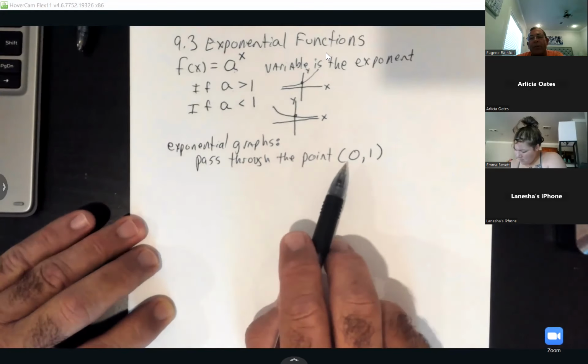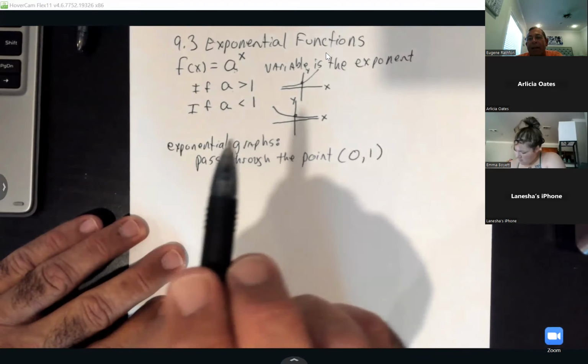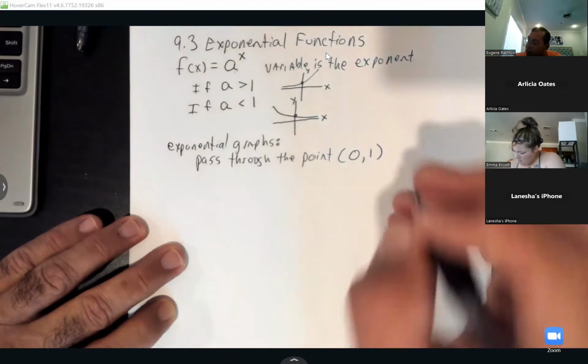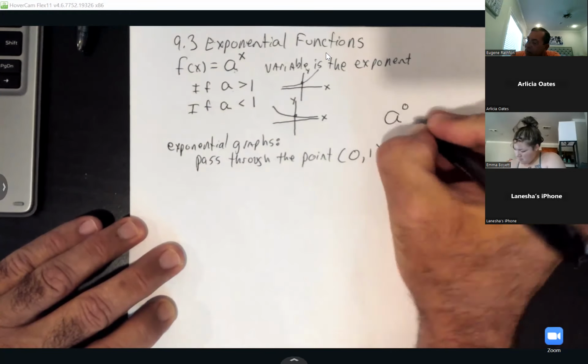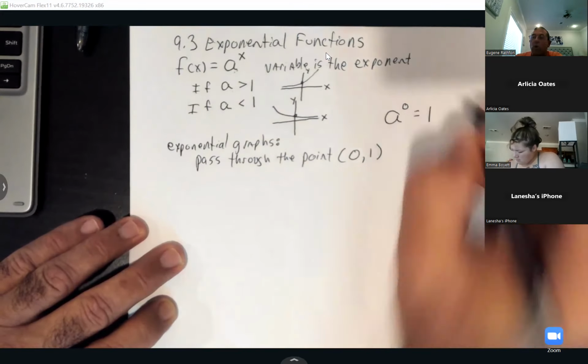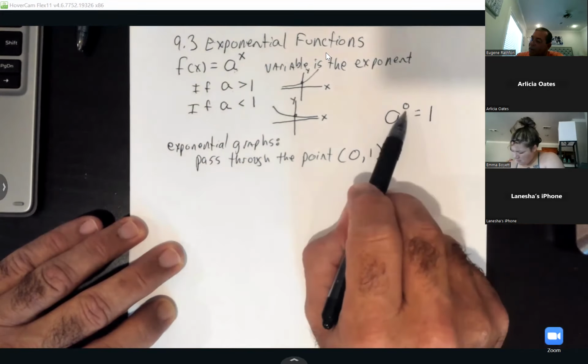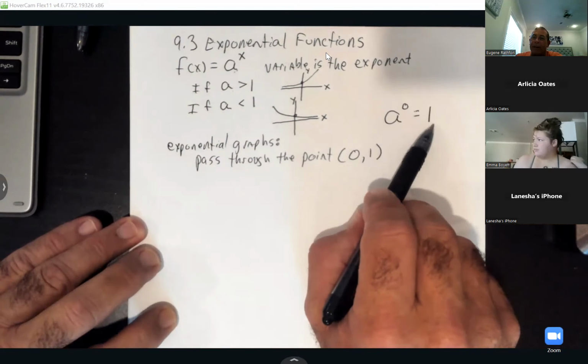The reason they all pass through the point 0, 1: any number raised to an exponent of 0, remember, any number to the 0 power equals 1. So if my variable x is 0, then the y value will be 1, okay?